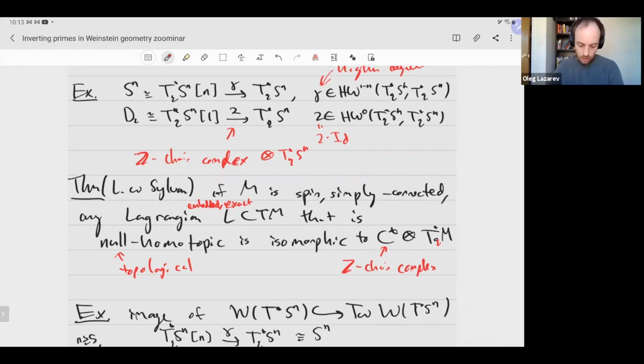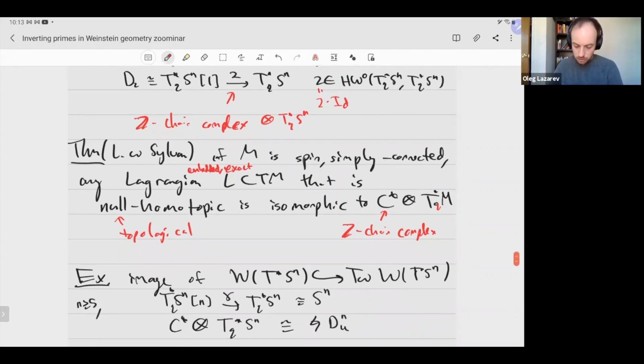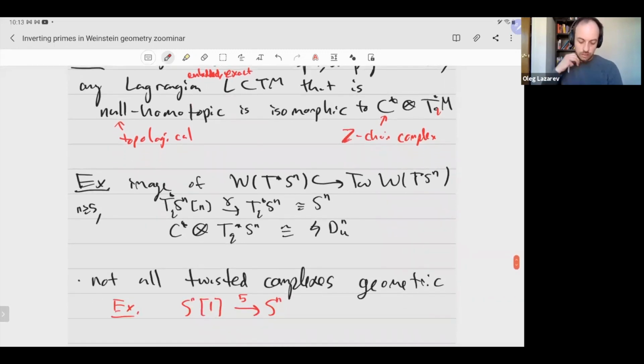I guess I didn't say this. The previous theorem with Sullivan says that if you're null homotopic, then you're actually isomorphic to just a chain complex over Z. Let me say that these ones that are null homotopic either have infinite wrapped Floer homology or 0 wrapped Floer homology, and this cone of 5 of the zero section does not have that property.